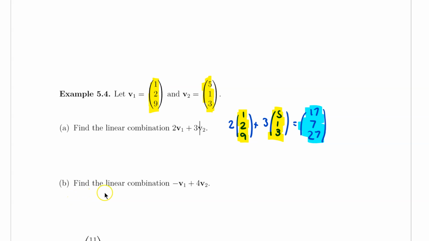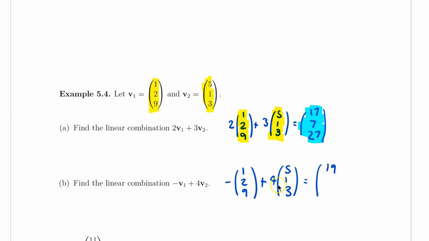If I want to find the linear combination negative v1 plus 4 v2, well, this is the same thing. It's just going to be the negative of (1, 2, 9) plus 4 times v2, which is (5, 1, 3). And let's see what this is going to give me. I have negative 1 plus 20, so that's 19.